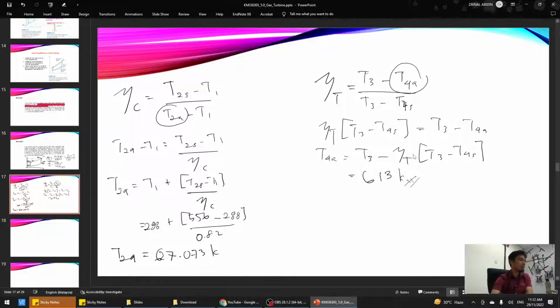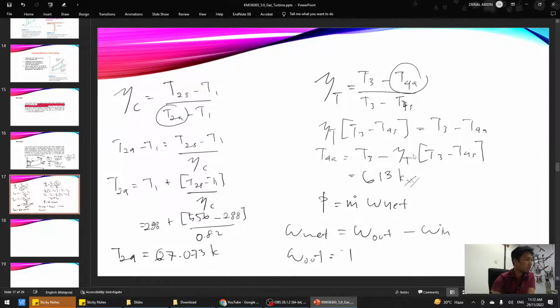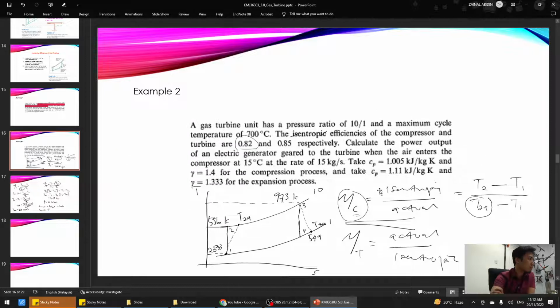After that, sama juga soalan, still asking you to find power, which is work net. So work net di sini ialah work out tolak work in. So the work out, you kena ambil yang nilai actual lah, you jangan ambil nilai yang T4 yang idealnya.